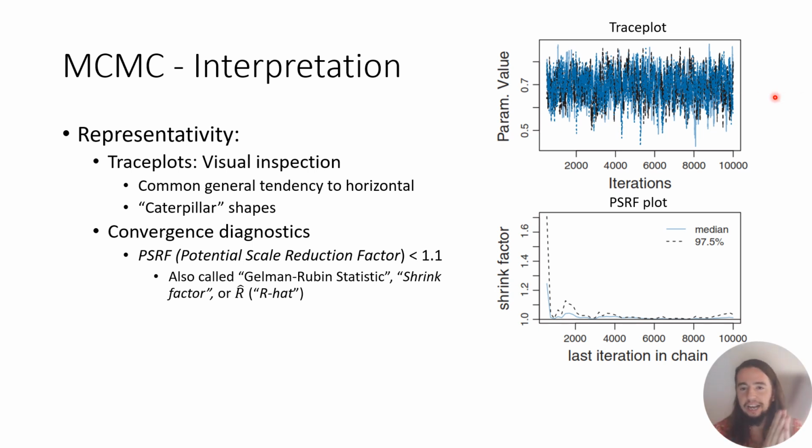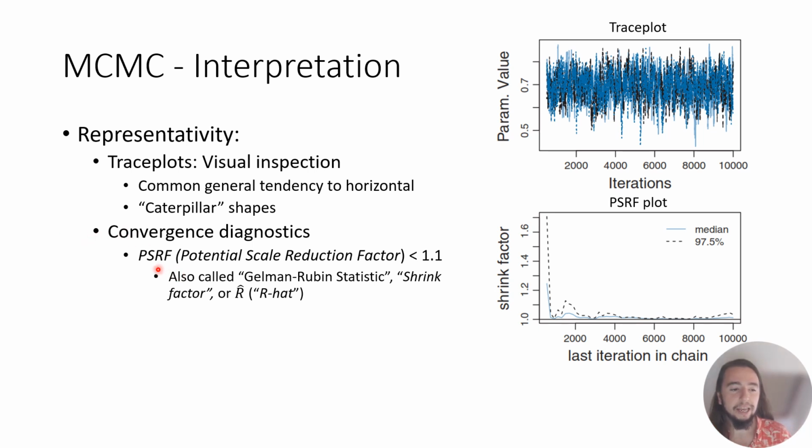That is basically a random variation in all of the chains, without many differences between them, more or less constricted in a zone. If that is happening, everything is okay. A problem would be systematic differences between the chains, or any other form that is not a caterpillar, okay?